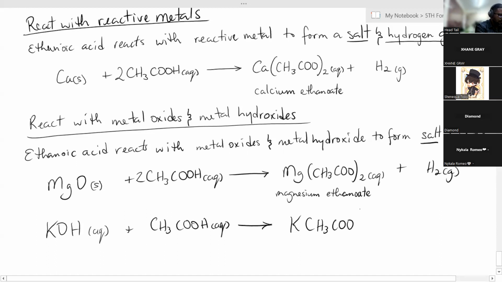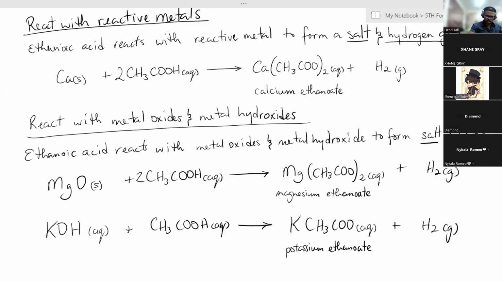I put it like that because it doesn't need a bracket, because potassium carries a 1+ charge, aqueous, plus hydrogen gas. And that's supposed to be the equation there. It's balanced by itself. And this is going to be potassium ethanoate. So that's that reaction.